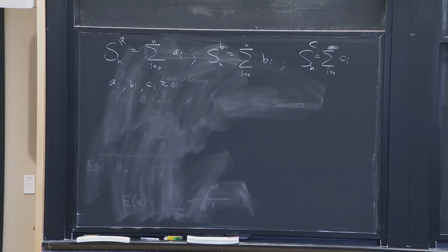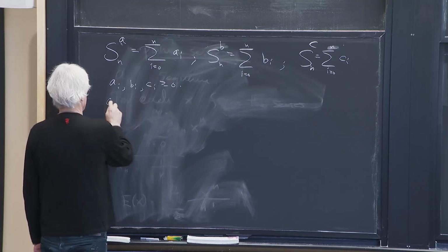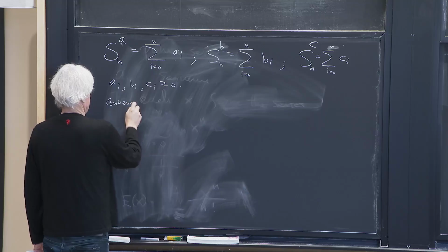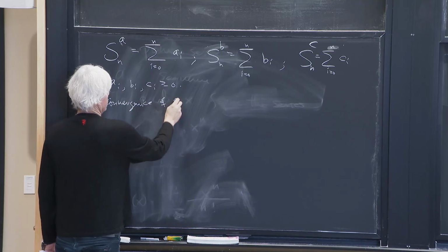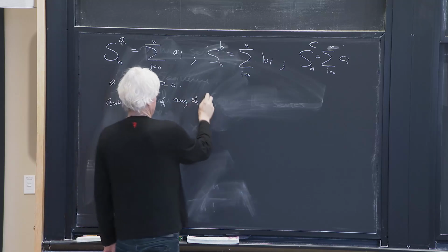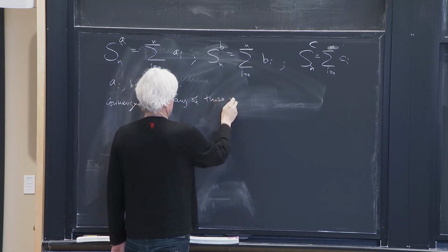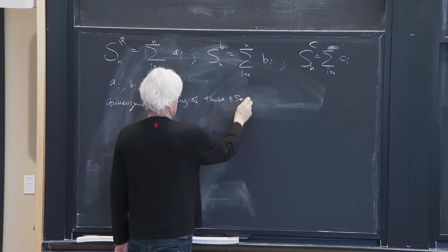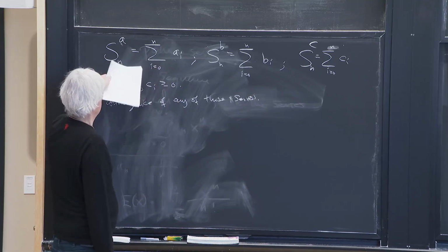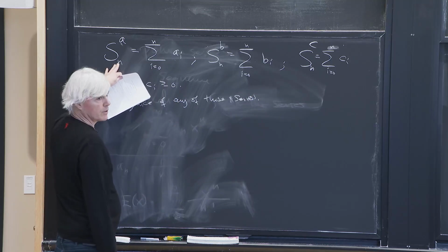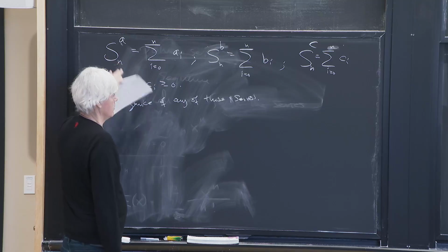So this means that convergence of any of these series, say of this one, is the same as saying that these numbers here are bounded. That's by monotone convergence.